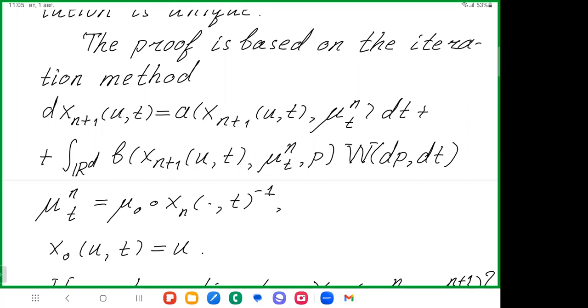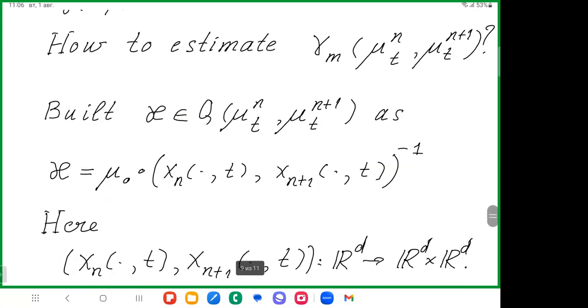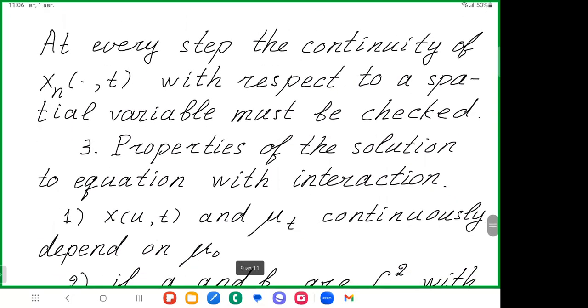To build such a construction, to move our measure by the mapping xn t, we need some conditions on this map. We cannot move the measure mu0 by an arbitrary mapping. We have to check that it is at least measurable. But of course, now under the Lipschitz condition, using the Kolmogorov condition, one can check that xn has a continuous modification with respect to the spatial variable.